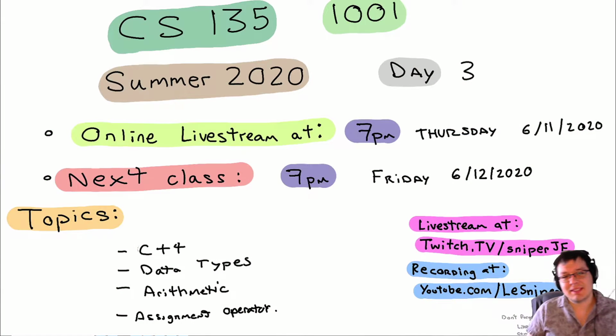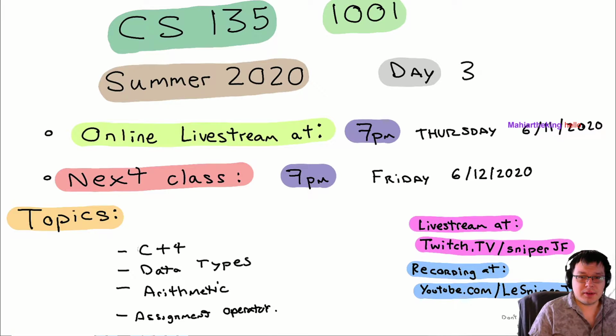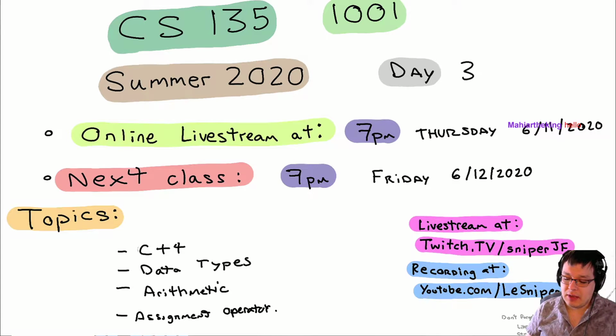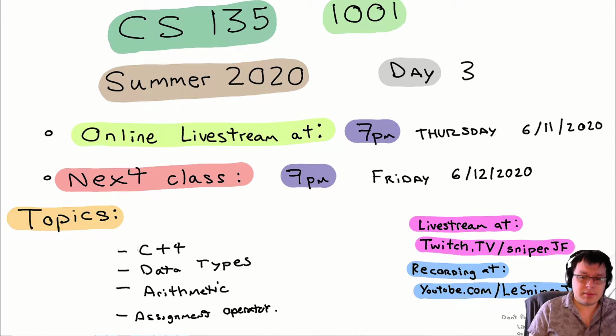So today we are going to be continuing into C++ data types, arithmetic operators, the assignment operator, and all of these great things that will allow you to do the second and third assignment, basically. Well, part of the third assignment, but the full second assignment. Basically, we're going to learn how to do math using C++. And if you've ever used a calculator before, it's not very different than that.